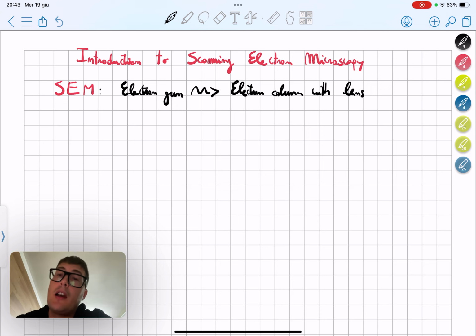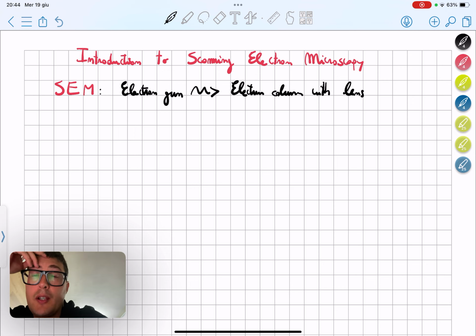As soon as they are collected, there is a scintillator and a photomultiplier, and eventually it is converted into a signal which is used to raster and to map the image of the SEM.